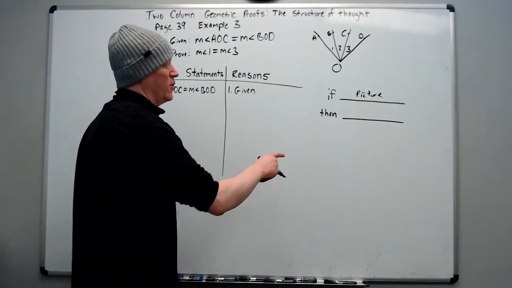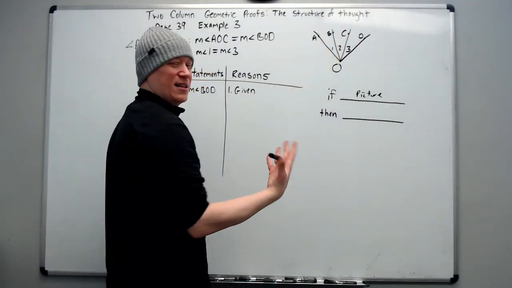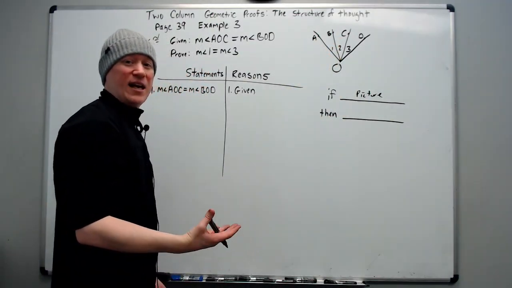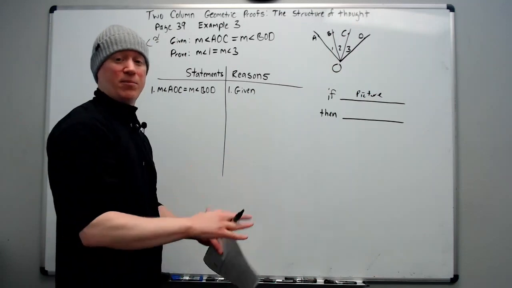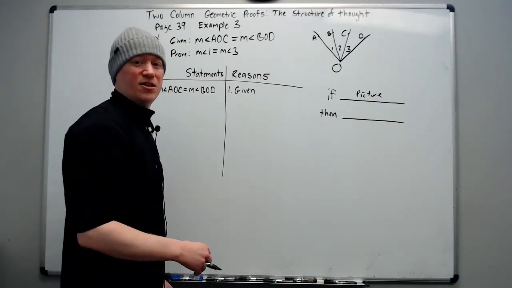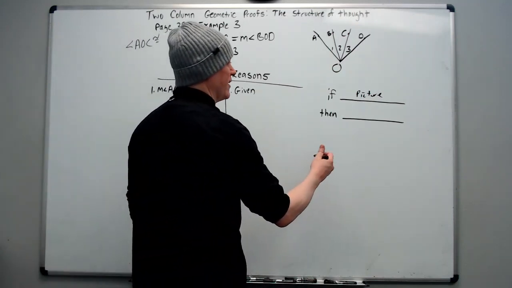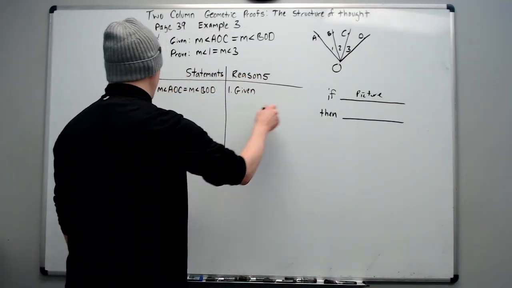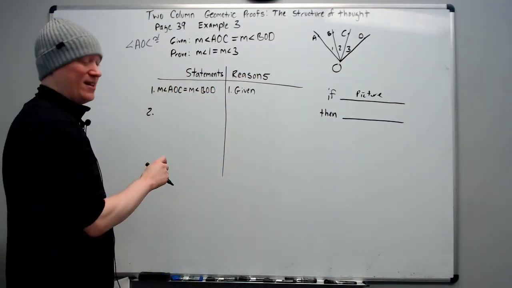This is exactly what we have. When we have a picture that looks like this and there's angles involved, and you want to either break an angle up or combine 2 angles, you should consider using angle addition postulate. And so the then would be what you write on the next line, right?